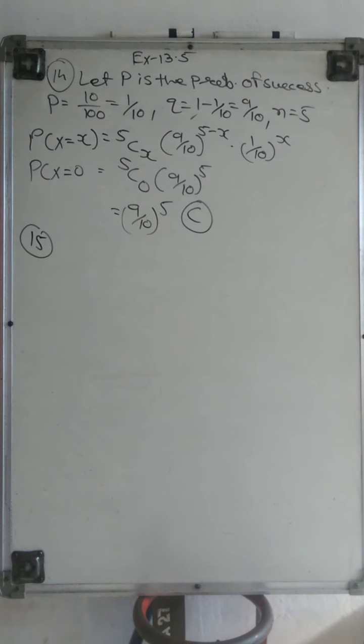Now the 15th one. In the 15th one, the probability that a student is not a swimmer is 1 by 5. Then the probability that out of 5 students, 4 are swimmers, right?